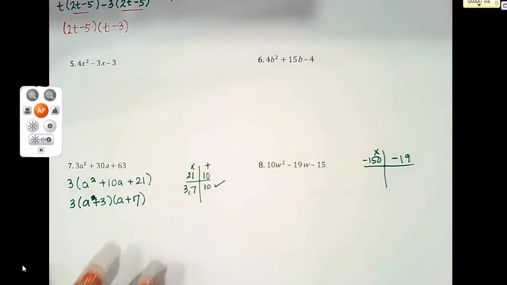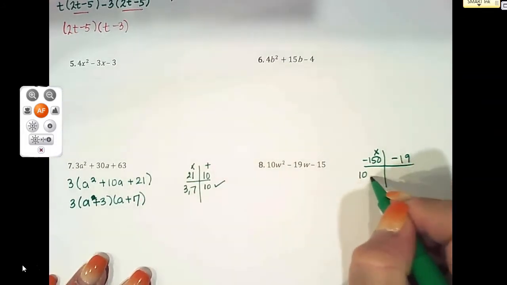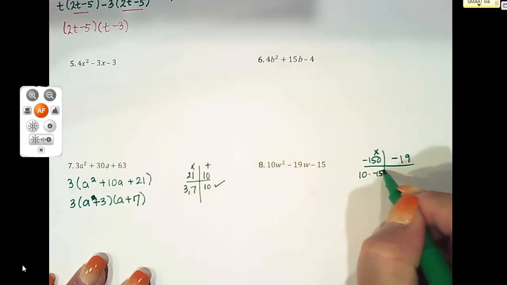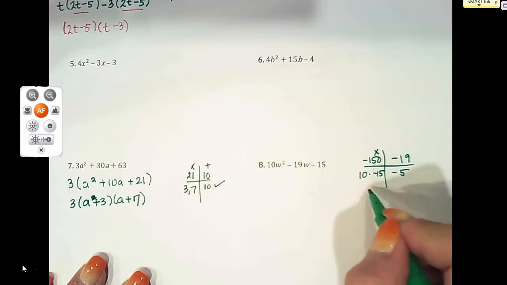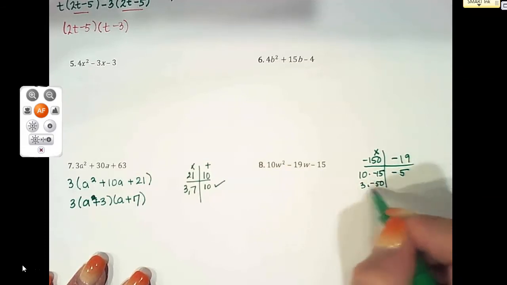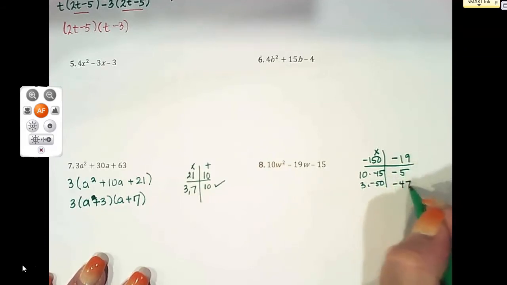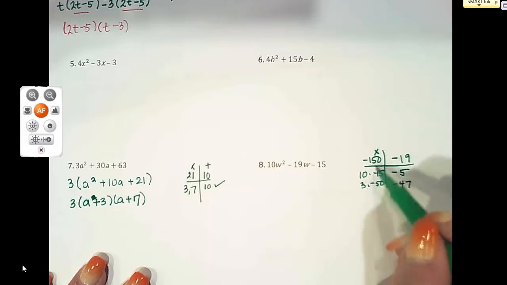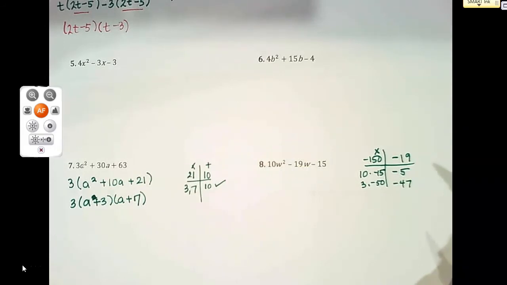I know 10 goes in, 10 times -15, but when I add those together I just get -5. And I could do 3 times 50, and that's going to be negative 47. So my answer lies somewhere in between there, and I am not really sure what it is.